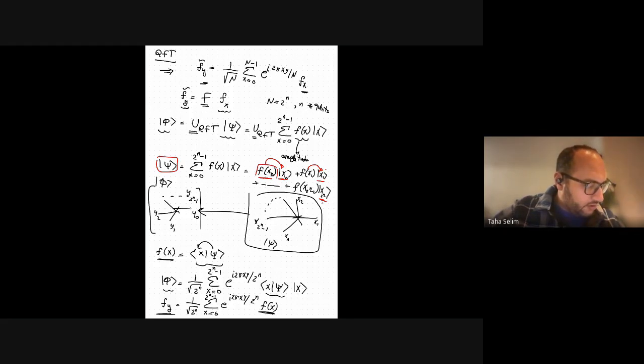So after all, the take-home message here, we go from one domain to another, even quantum or classical.